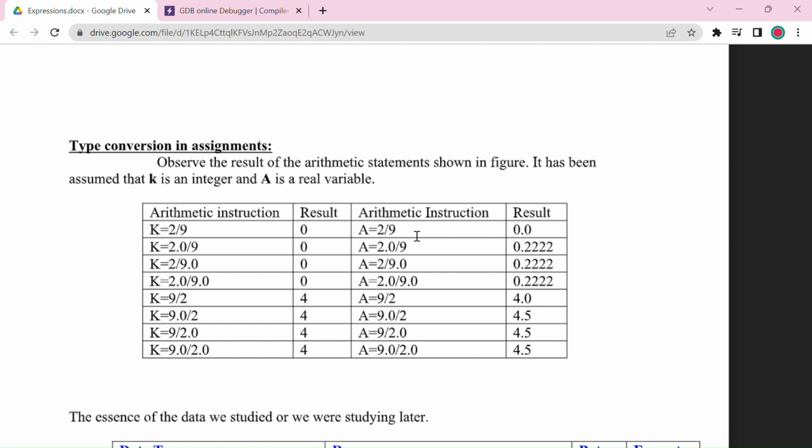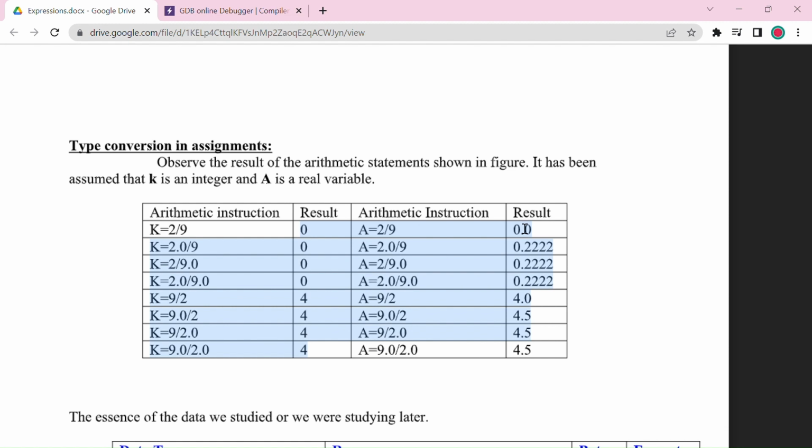It's going to give us something in points, right? So k is equal to 2 divided by 9. This table is actually showing you the difference between the float and the integer. A float will always have a decimal point, but an integer won't have any decimal point.